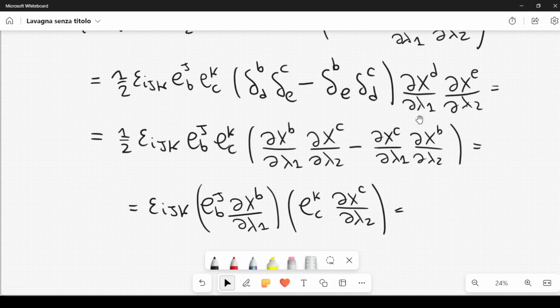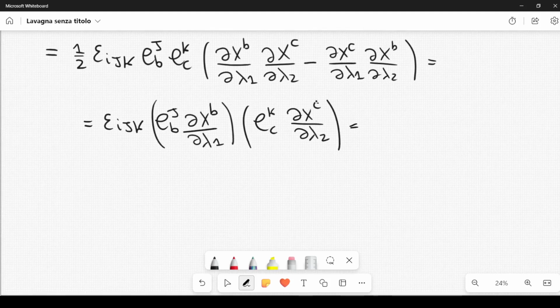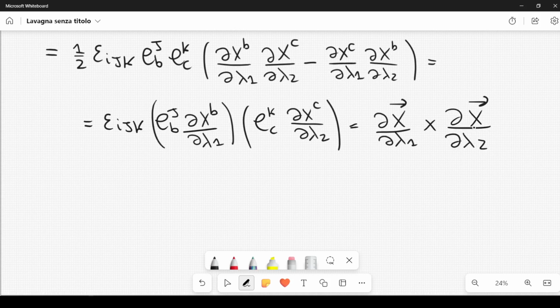Now you can see that basically this is the derivative of the position vector with respect to lambda 1, and then you take the cross product with the derivative of the same position vector with respect to lambda 2.